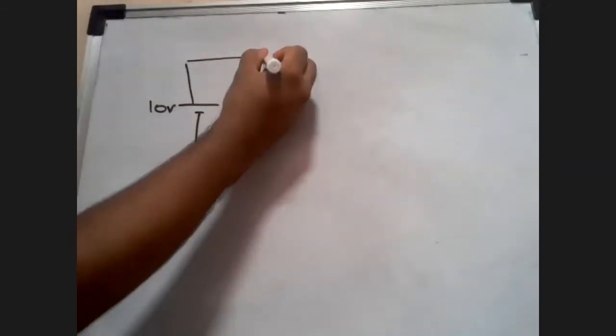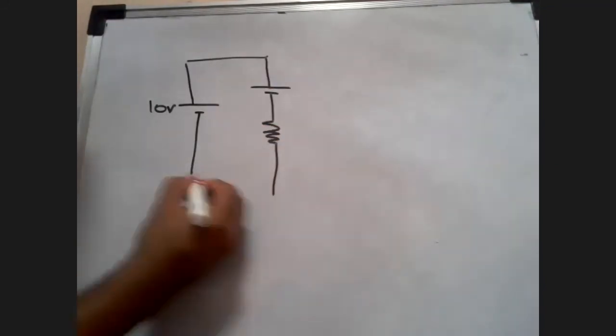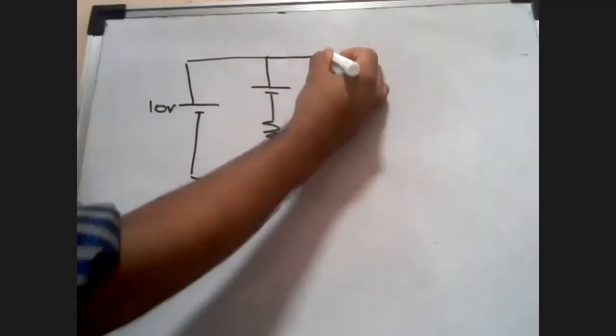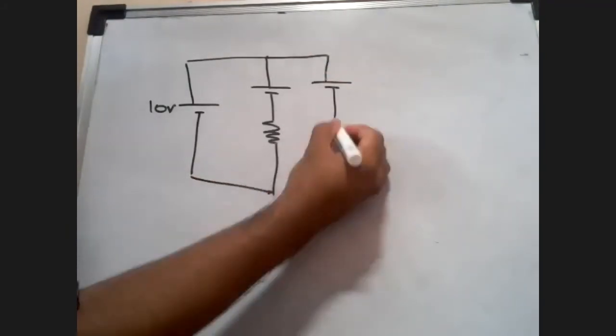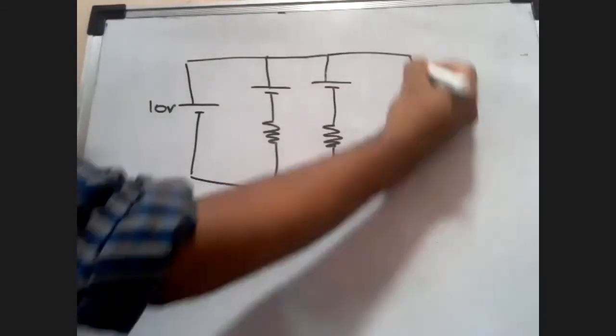Remember we had done KVL, Kirchhoff's laws, loop law. So let's say that this is 10 volts, and this is going to be having a voltage again here, a resistor here. Let's say this has another potential here, resistor here, and let's say another one here.